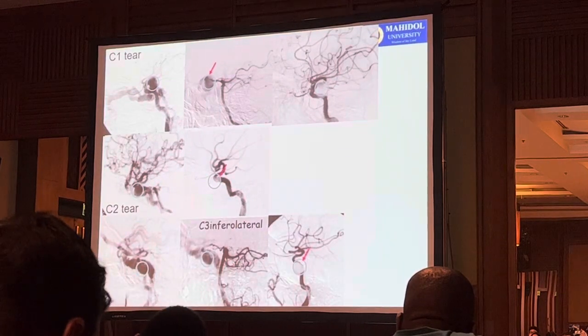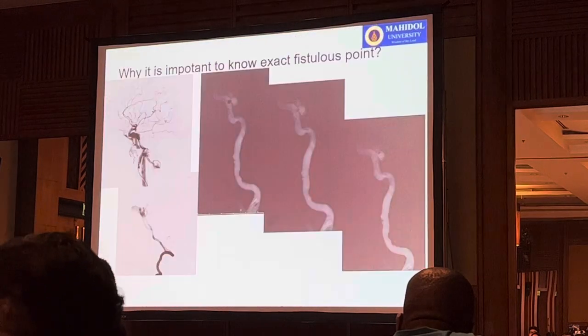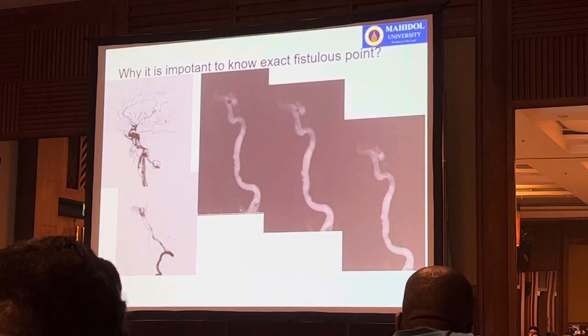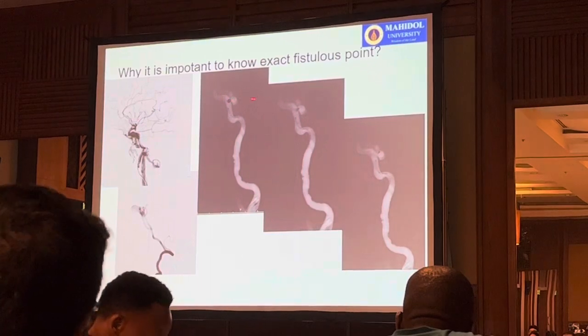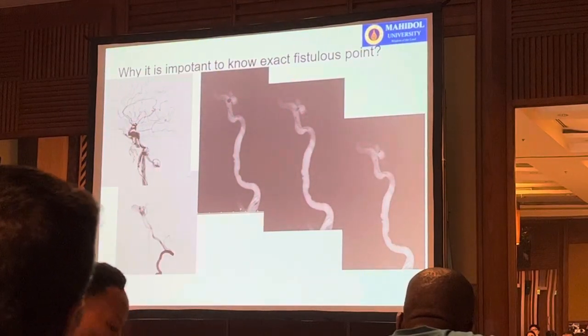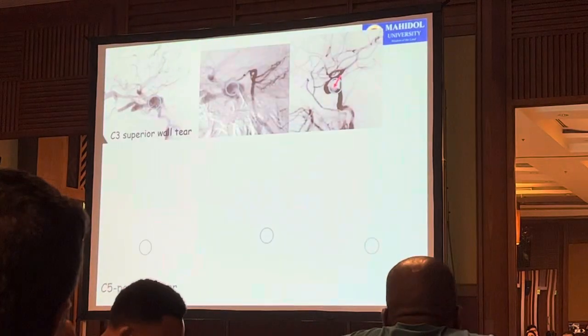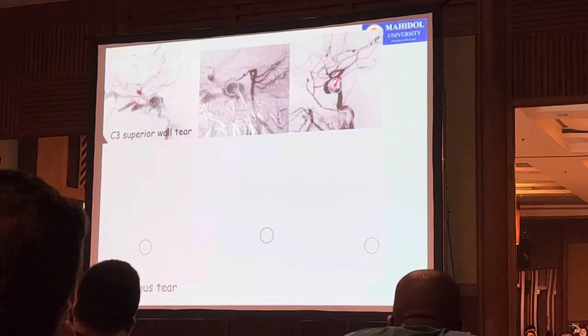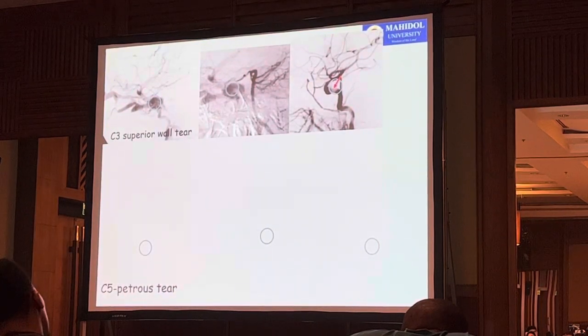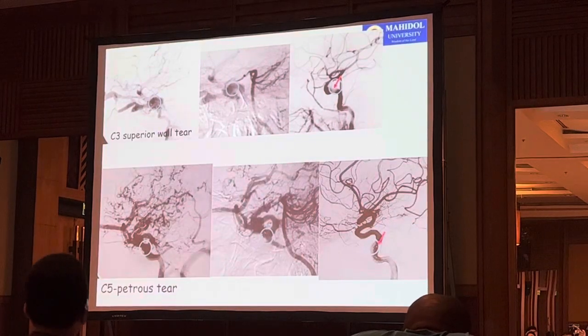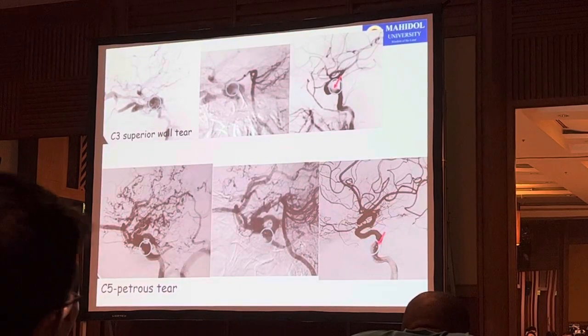C3, you can have inferior wall. You can have the precise part of the fistula to put embolic material. You can have C3 superior wall there. You can have even carotico-cavernous junction tear.